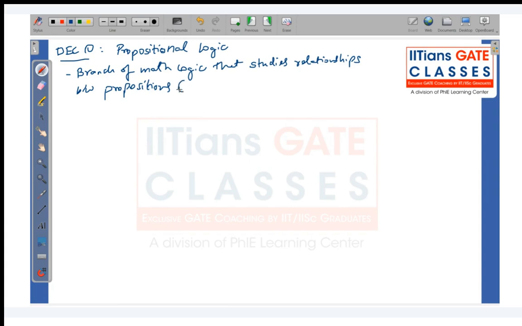So another word for this proposition is a statement. It can be an assertion also. So this proposition is taken as a whole and it's connected via logical connectives.